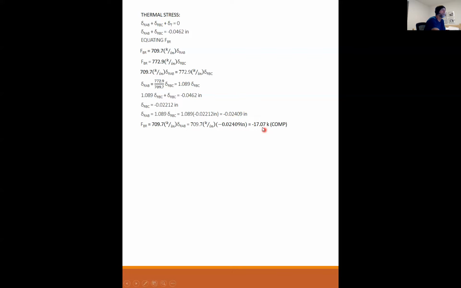So because this is negative, that force is in compression. It's not to the left, it's not to the right, it's because this is negative that the force is compressive. And intuitively, that should make sense. If you take a rod and you hold it between 2 points and you heat it up, you would expect to get compressive forces in that rod.